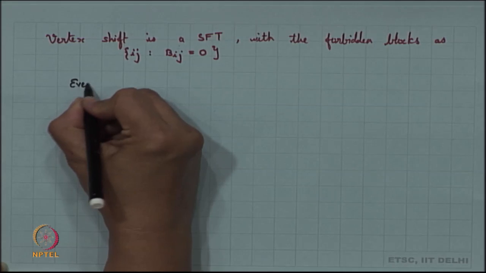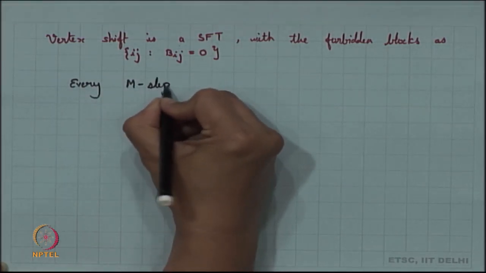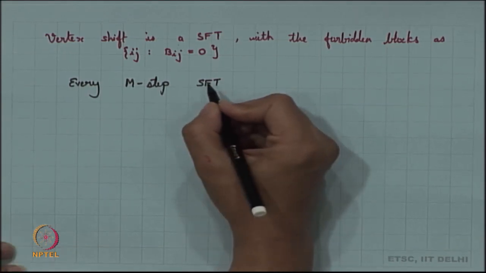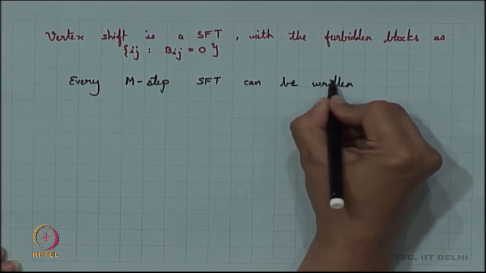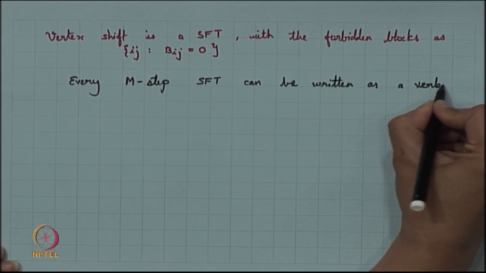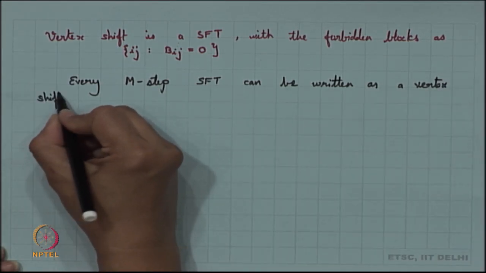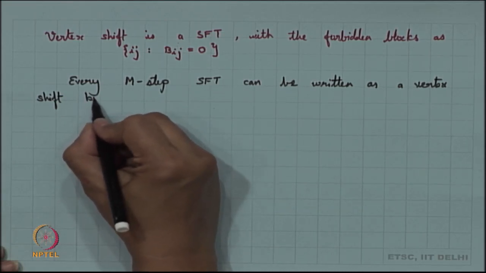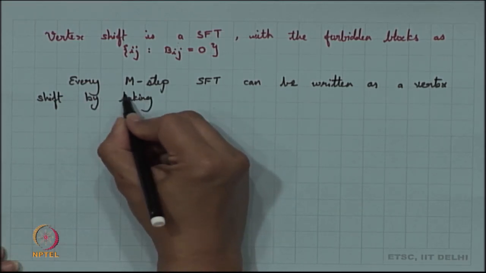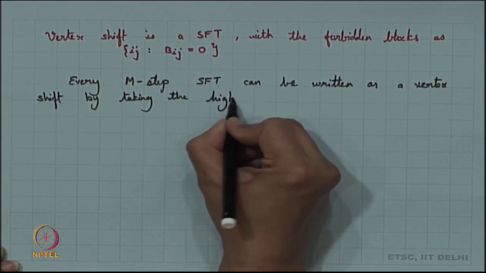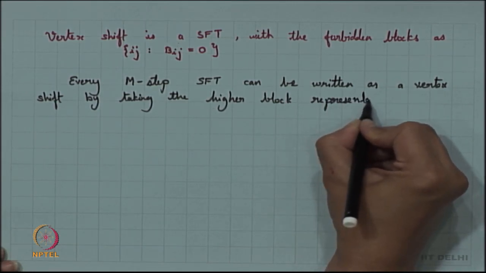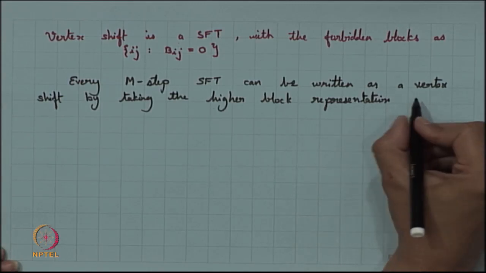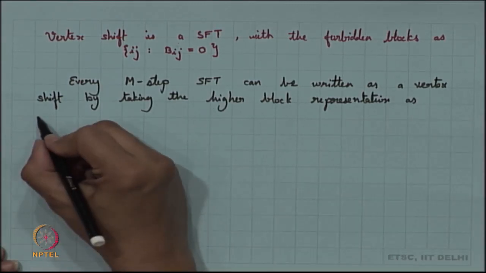So, we note here that every m step subshift of finite type can be written as a vertex shift by taking the higher block representation as alphabets.